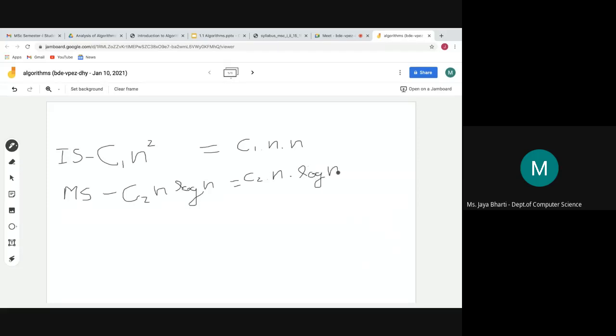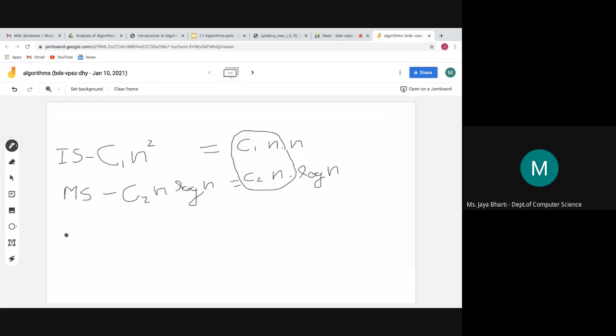So both are the same thing. Now we don't need to compare the whole thing. We are just going to compare n and log n, because the constant part is the same. So we are going to compare this.